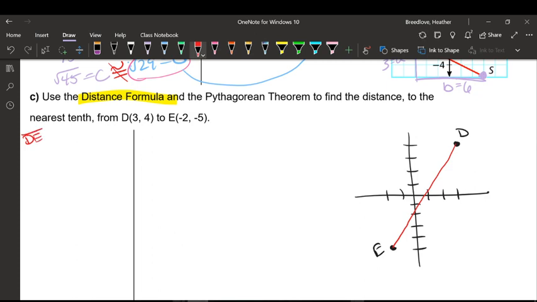So I need to complete my triangle. All right, so counting 1, 2, 3, 4, 5 spaces on the bottom flat side. And then counting up, I have 1, 2, 3, 4, 5, 6, 7, 8, 9 spaces. And that's going to tell me what C is.